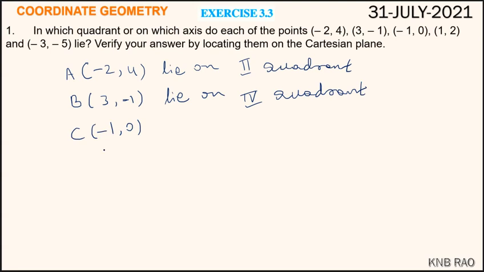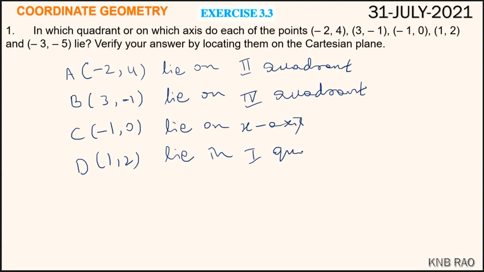Point C has its y coordinate 0, thus it lies on the x axis because its y coordinate is 0. Point 1, 2, if I call it D, since it is positive, positive, lies in the first quadrant.